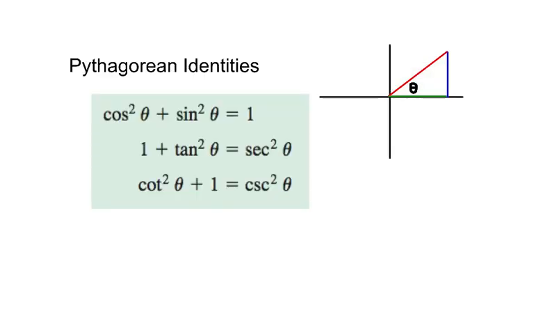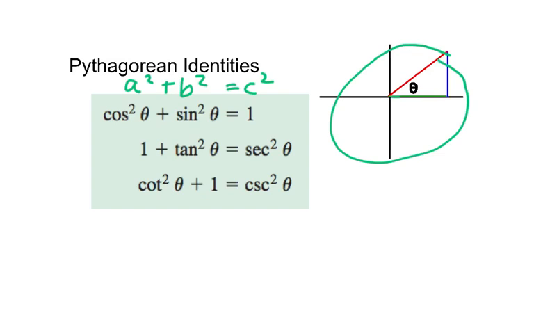The other piece that will come up is the Pythagorean identity. It's coming from, of course, a squared plus b squared equals c squared. But as we think of the unit circle, your a and b values are your lengths, which would be cosine and sine.